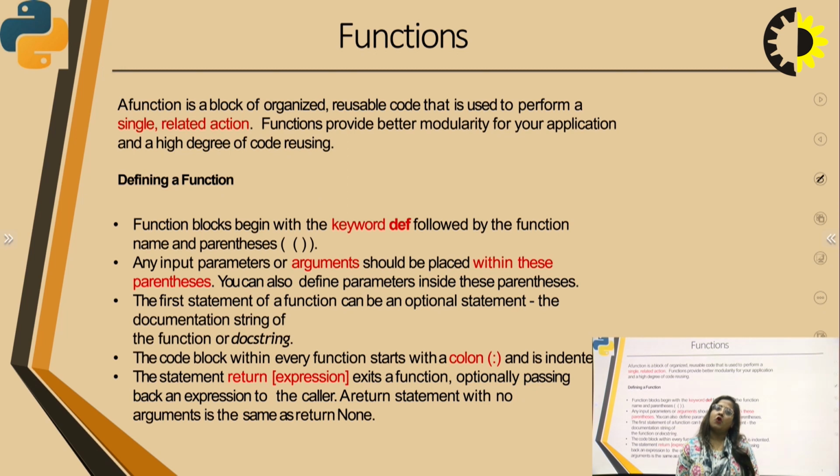A function is a block of organized, reusable code that is used to perform a single related action. Functions provide better modularity for your application and a higher degree of code reusing.